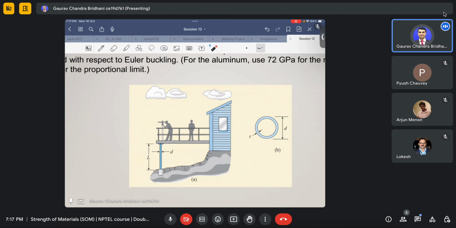What kind of support condition can you assume for this kind of setting? Yeah, so it's a fixed support, because it has been embedded in the concrete. So it is a fixed condition.